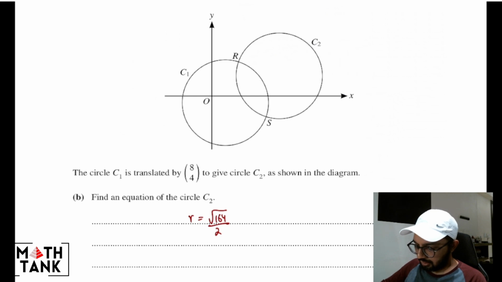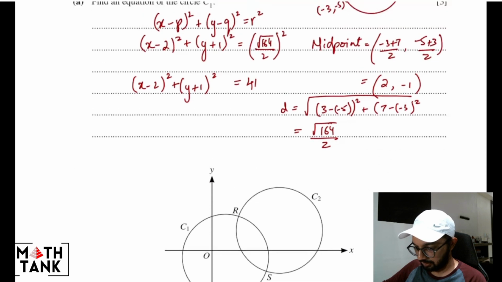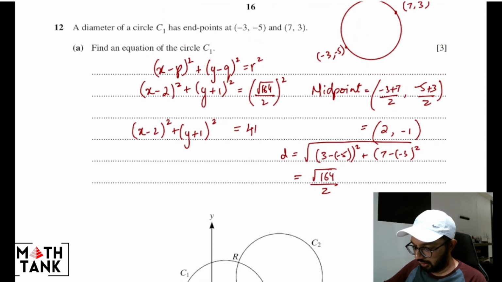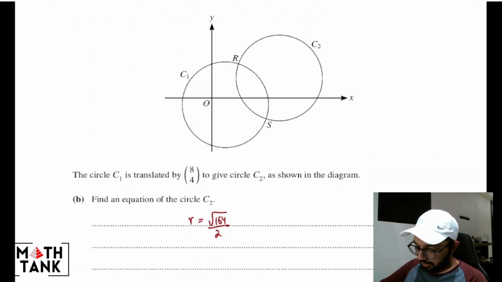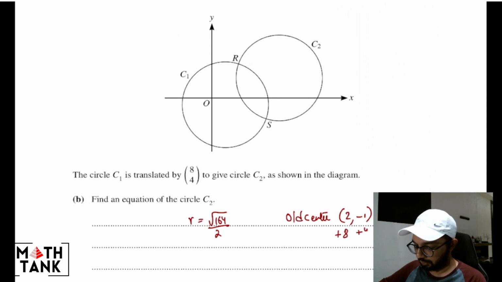Now this question combines two topics together. There's transformations and there's circles. The old center is 2 comma minus 1. So the new center is going to be, if I add 8 to the x coordinate and I add 4 to the y coordinate, this becomes 10 comma 3.